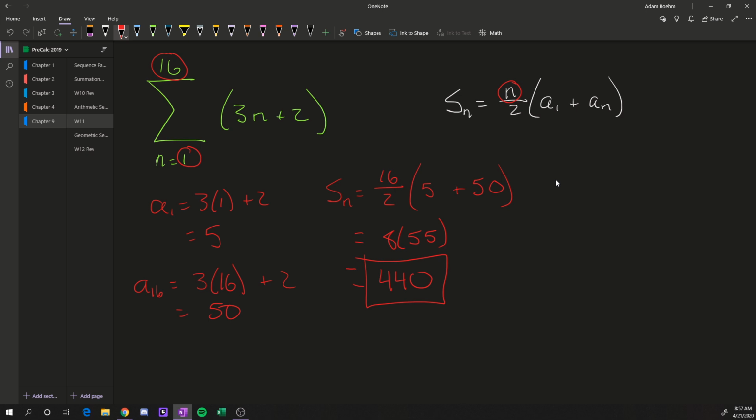Again, that's something we need to know. We need to know that and the nth term, how to find it, which I had written on the other screen. And that's a1 plus n minus 1 times the common difference. Okay, so any questions over that?